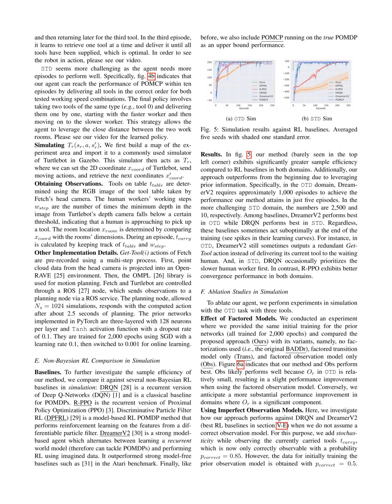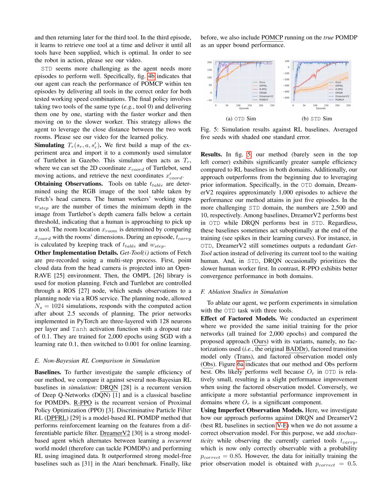Ablation studies in simulation. To ablate our agent, we perform experiments in simulation with the OTD task with 3 tools. Effective factored models. We conducted an experiment where we provided the same initial training for the prior networks, all trained for 2,000 epochs, and compared the proposed approach, ours, with its variants, namely no factorizations used, i.e. the original BAD-R, factored transition model only, trans, and factored observation model only, obs.